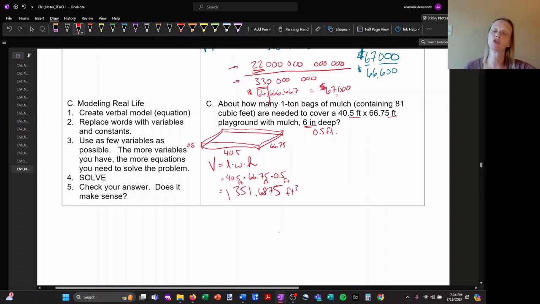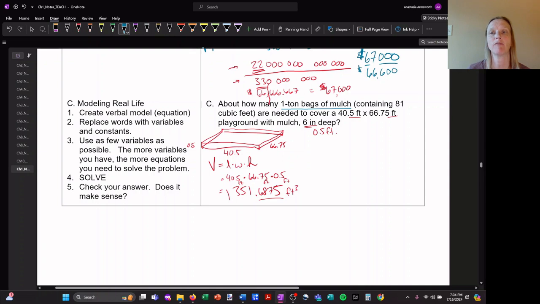And if this were actually the end of the problem, if this were my final answer, I would want to round this off to a sensible number of significant figures. There's no way I can know this so precisely when each of my measurements were just one decimal place. However, this is not my final answer. I want my final answer to be in 1-ton bags of mulch.